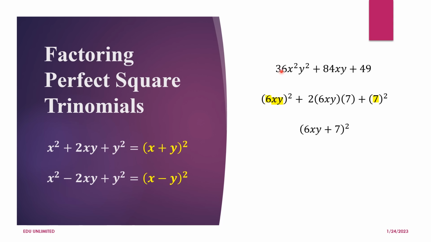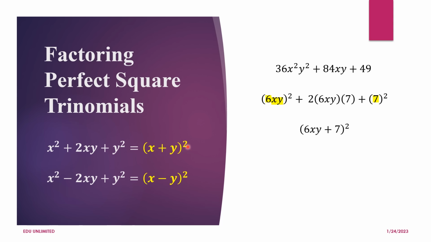Square root of 36 being 6, square root of x squared being x, and the square root of y squared being y. So 6xy represents x. And then on this side, the square root of 49 is 7. So 7 represents the y.